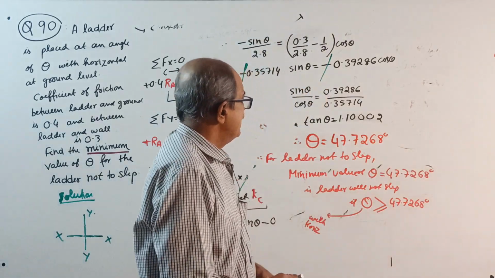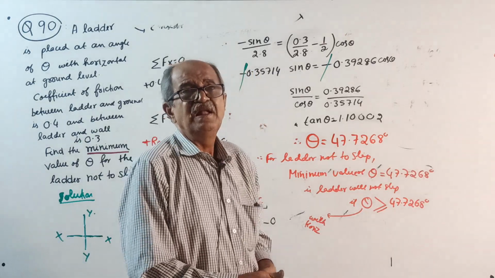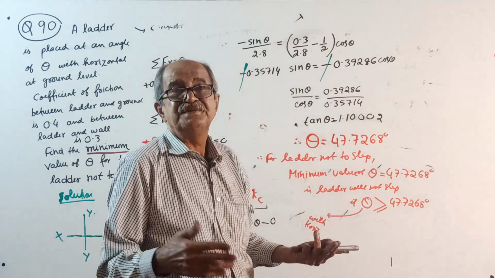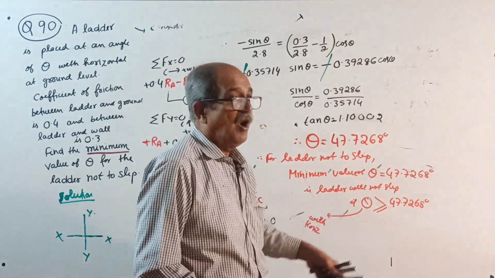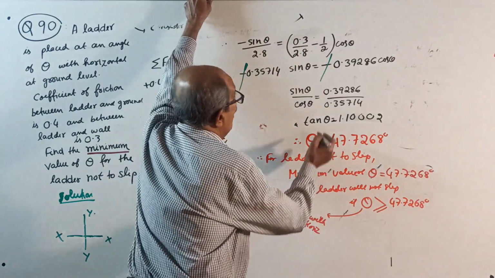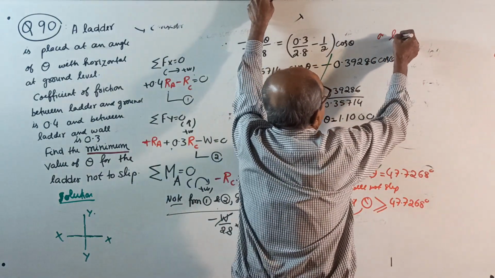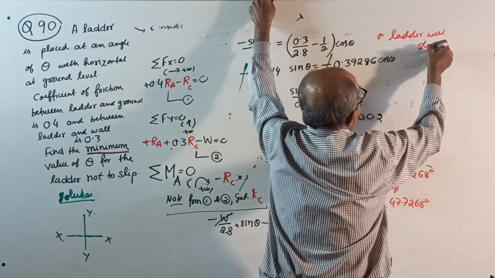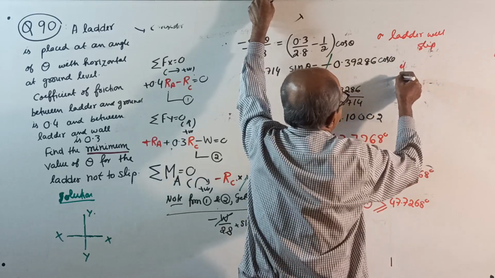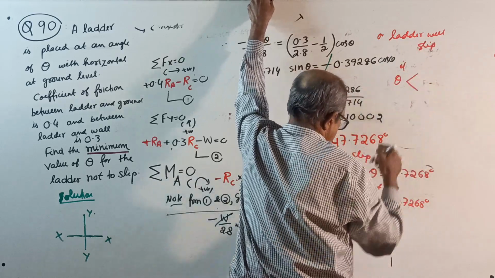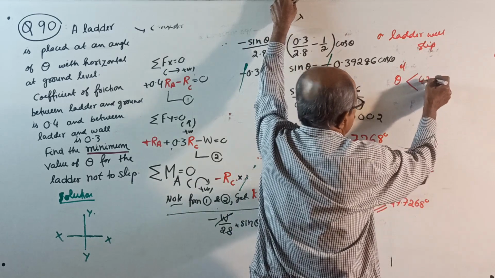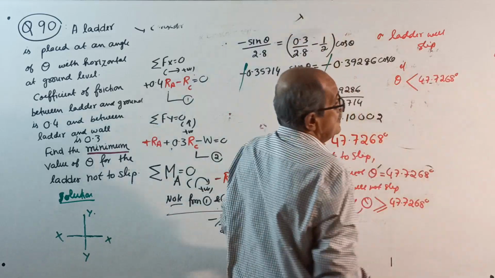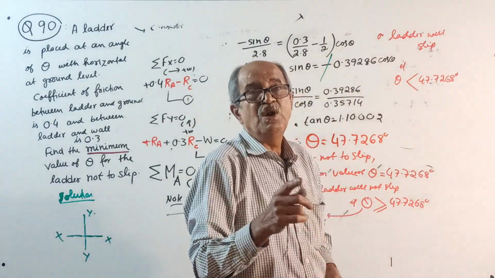If it is 47.7268 degrees, the ladder is on the verge of slipping. If it is a larger angle, it is stable. Or the ladder will slip if theta is less than 47.7268 degrees. This is the angle with the horizontal.